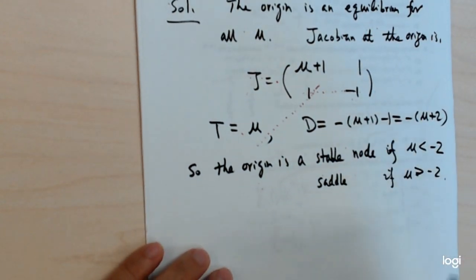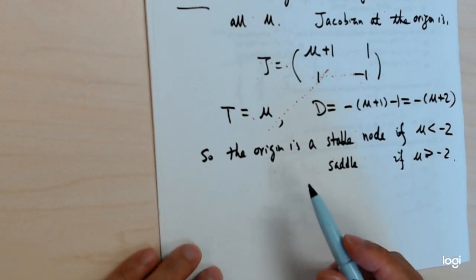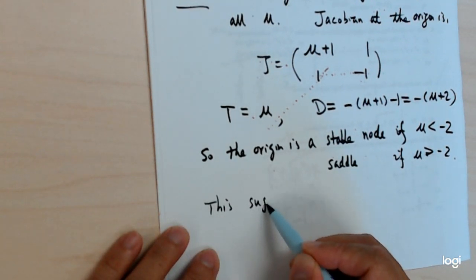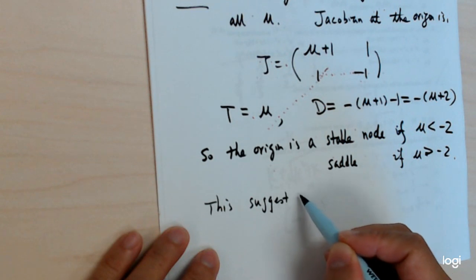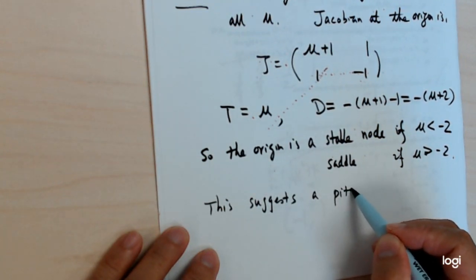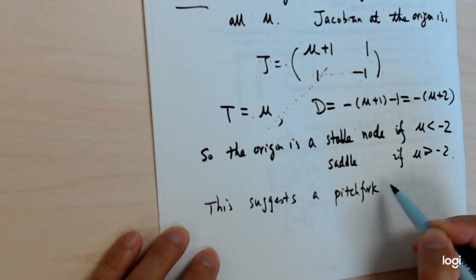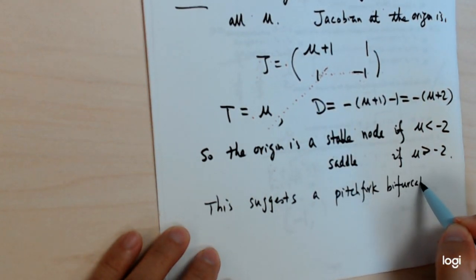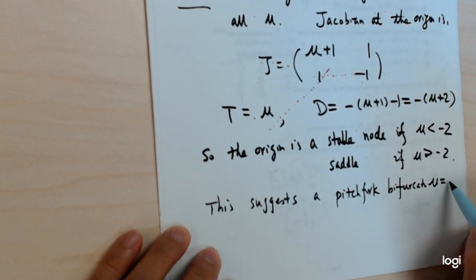So that suggests a pitchfork bifurcation at mu equal to negative 2.